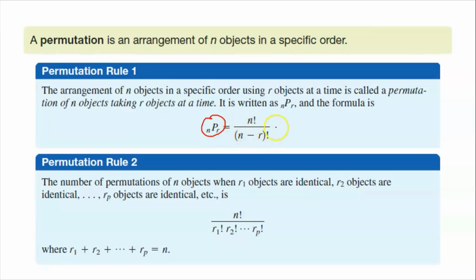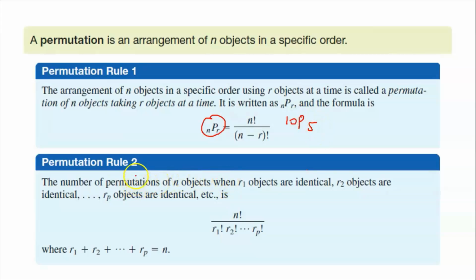Or you can just simply use your calculator, find the symbol of capital P, and then the total objects. Let's say we have 10 total objects, and you want to take 5 of them to permutate into different order. So you can press in your calculator 10P5.